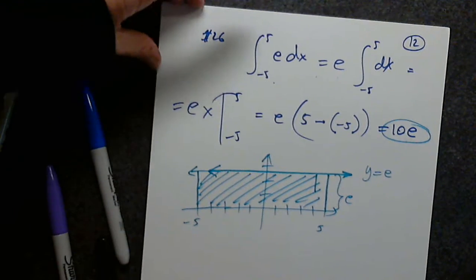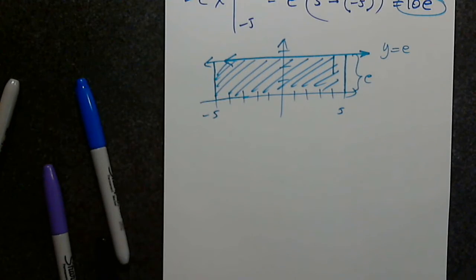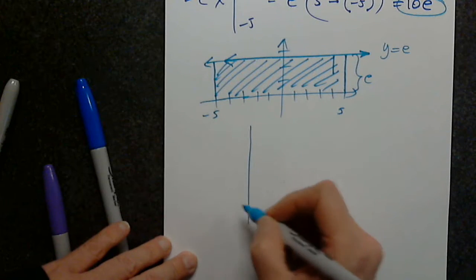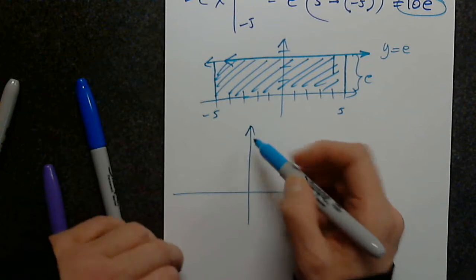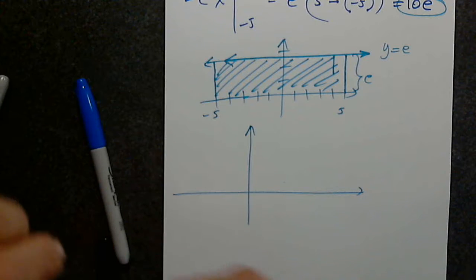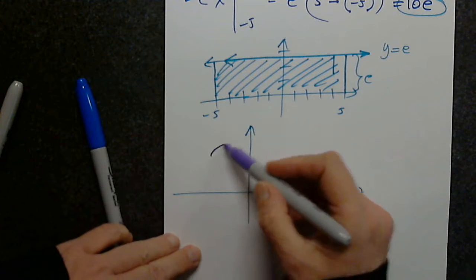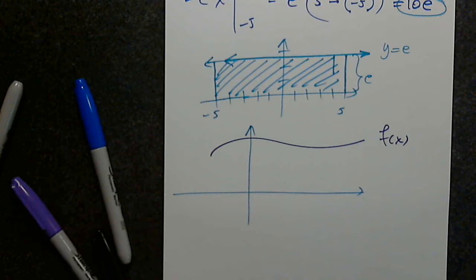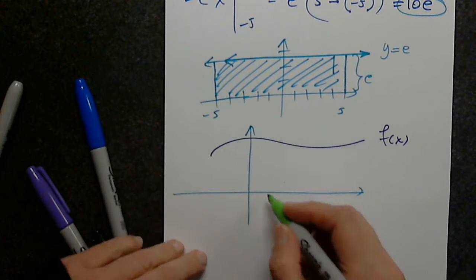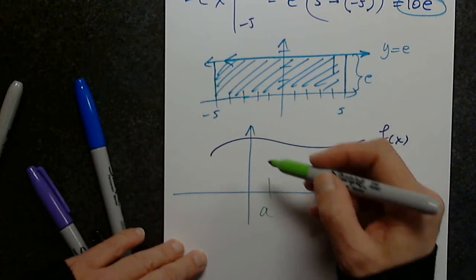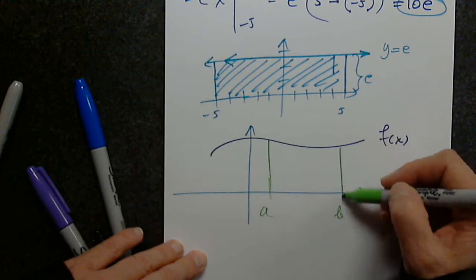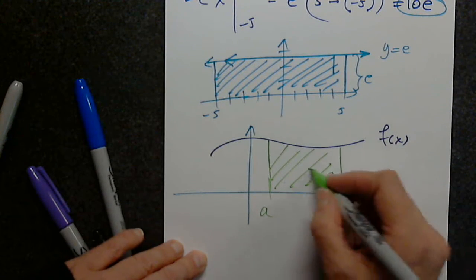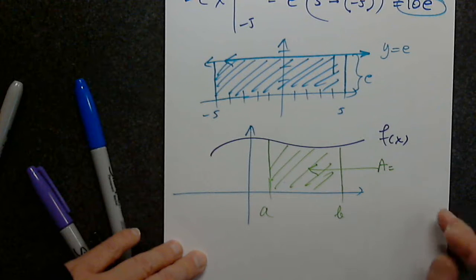Okay, here's the first property. Let's say I have this function, f of x. And let's suppose I have an interval, a comma b, and I want to find this area.